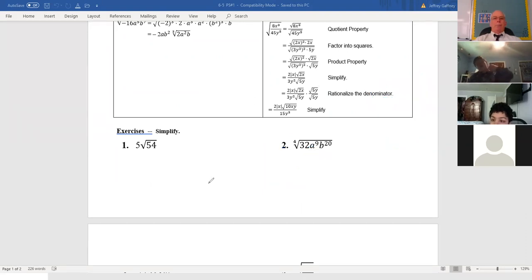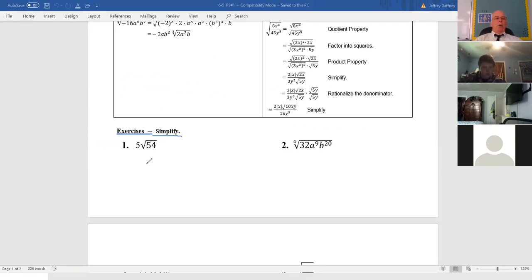All right. So we've got 5 times the square root of 54. And again, we're simplifying, not solving. There's a couple of ways you can look at this. We're going to use the traditional method. It says get as many perfect squares out of there as you can.